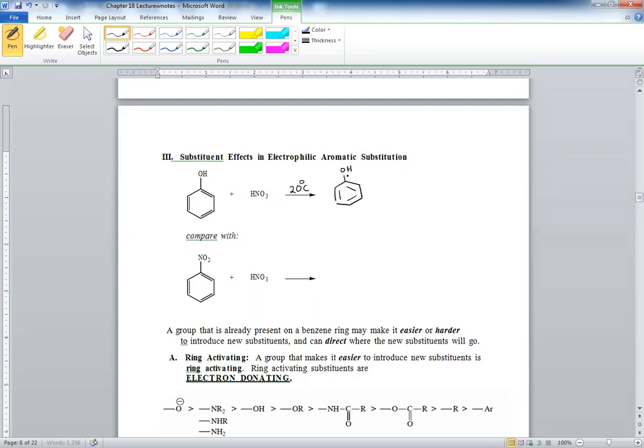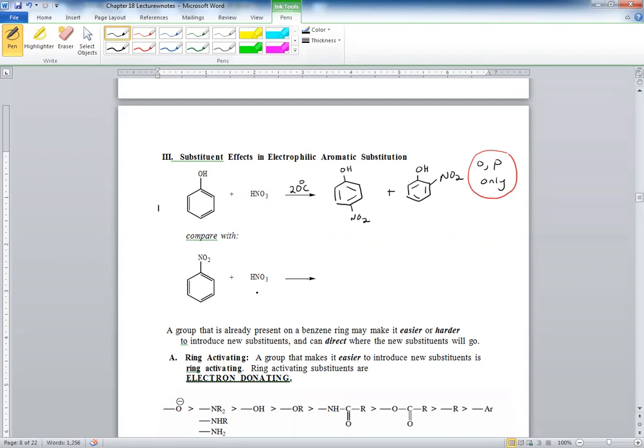The answer is you can only add it to the para and ortho positions only. So you only get ortho and para. You don't get the meta position.